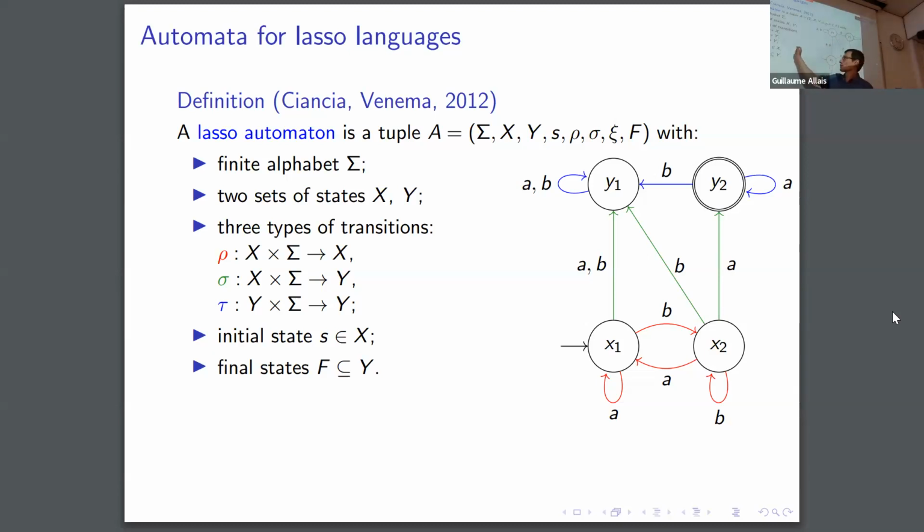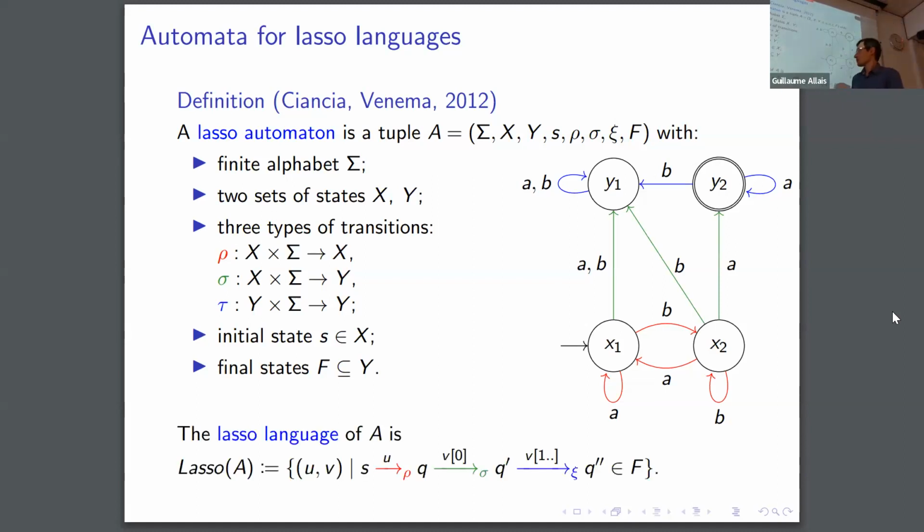Let me just point out, these are deterministic transitions here. We have an initial state, which is always an x state, and we have some final states, which are always y states. Now how to make sense of this in the sense of accepting lassos? Well, the lasso language of L consists of all these lassos (u, v) such that we have the following.